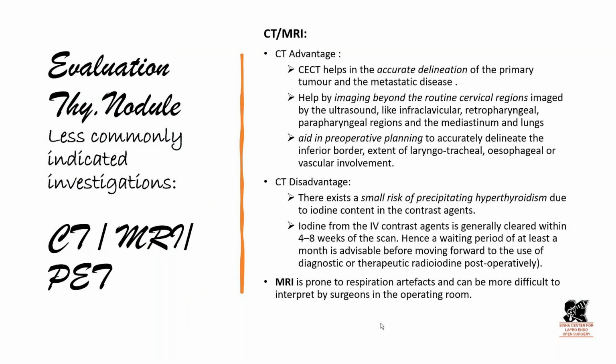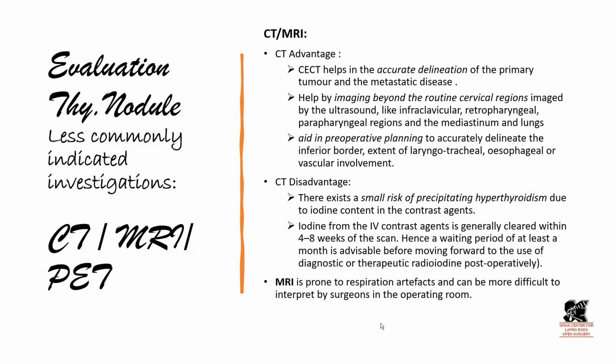It also helps by imaging beyond the neck: infraclavicular, retropharyngeal, parapharyngeal, mediastinum, lungs. Everything can be covered by a CT scan. And in addition to all this, the CT scan is very important when you want to plan any kind of treatment. It will delineate the inferior border, the extent of laryngotracheal, esophageal, or vascular involvement.